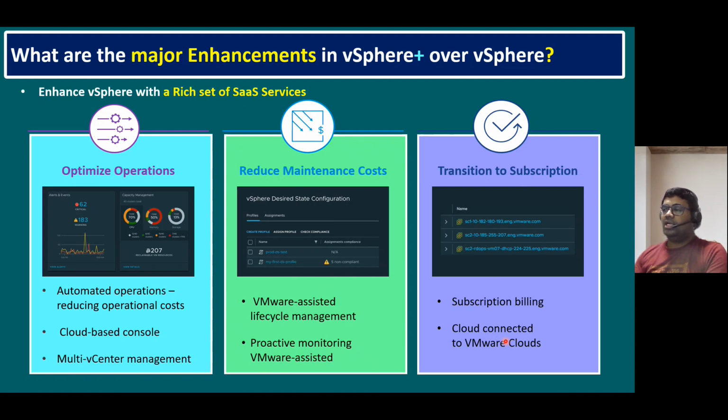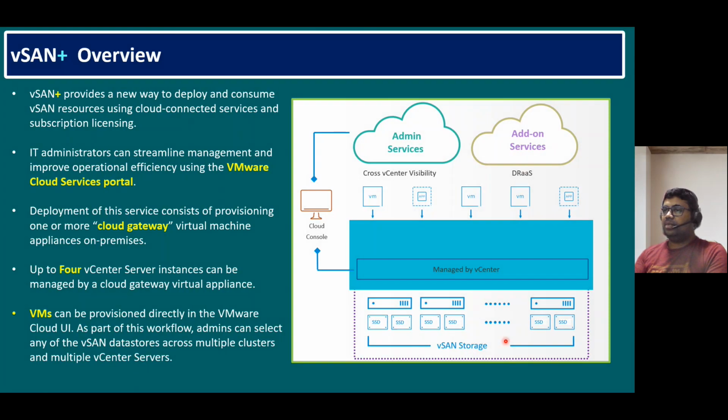Until now we covered vSphere Plus only. Now let's try to understand the vSAN Plus overview. vSAN means virtual SAN. It's software-defined storage. As we know, if you want to configure vSAN storage, each ESXi host must have multiple SSD disks. Using the ESXi host servers with their disks, we can configure a vSAN storage.